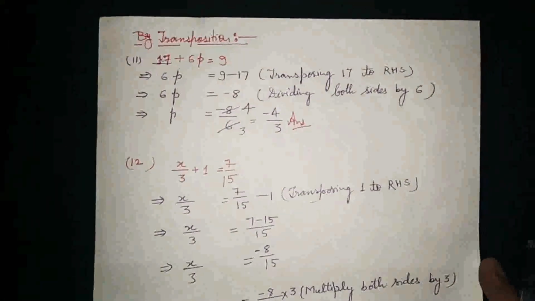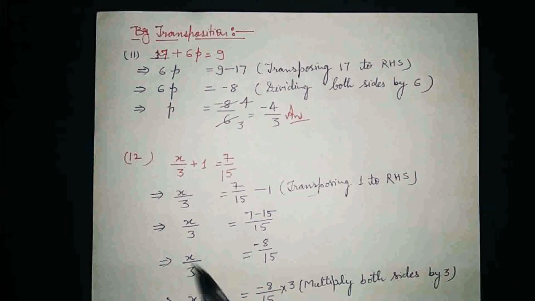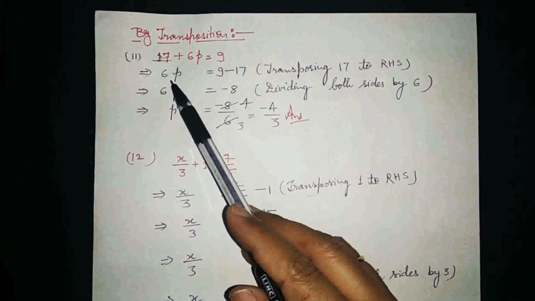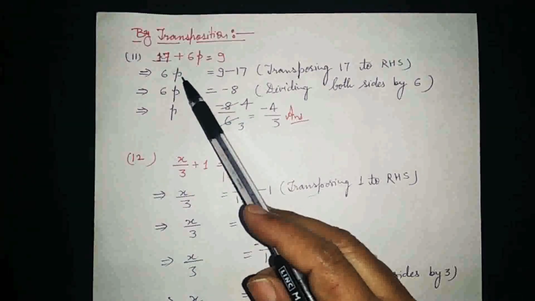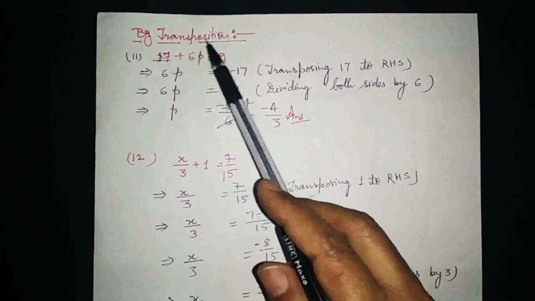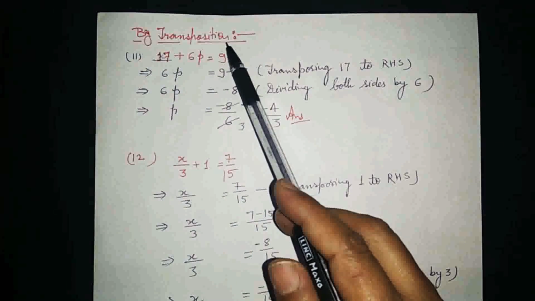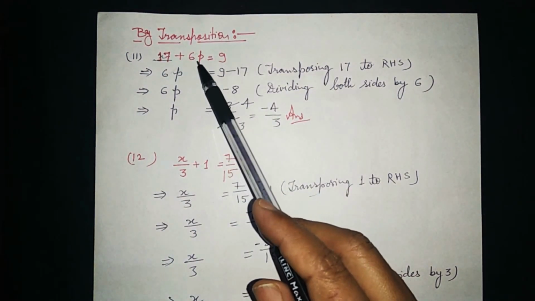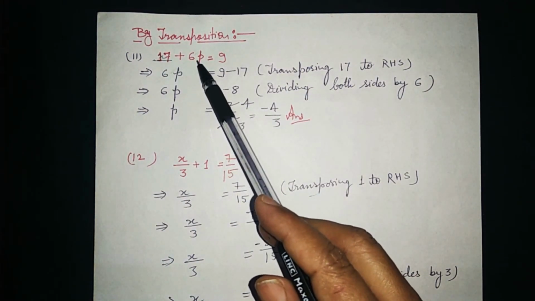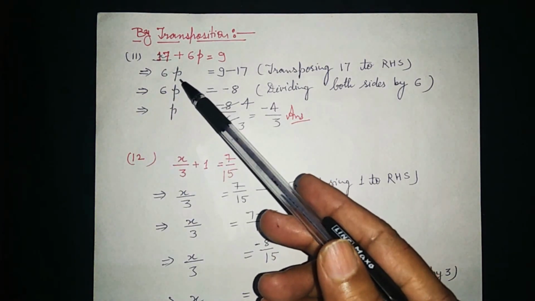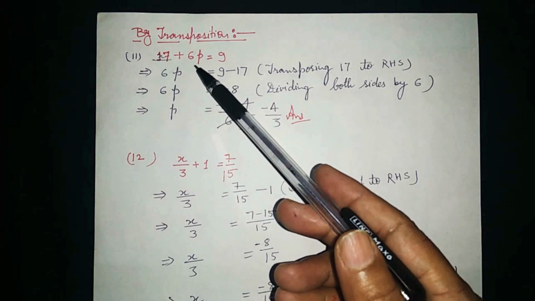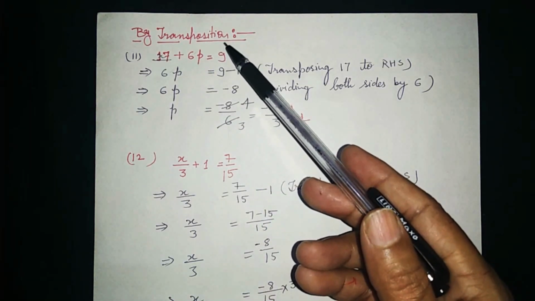See the 11th question of same exercise. But I will tell this question by using transposition. You can solve this question like that also, which I have explained you just now. But I want to tell you this way also.